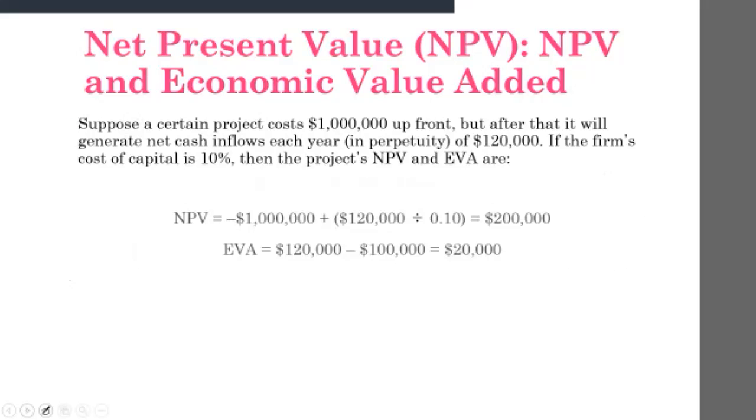So suppose a certain project costs $1 million upfront, but after that it will generate net cash inflows each year in perpetuity. So in perpetuity means each year, yes, until forever, of $120,000. If the firm's cost of capital is 10%, then the project NPV, net present value, and EVA are calculated as follows. So the net present value, because it's constant, you just divide the 120 by the 10%.